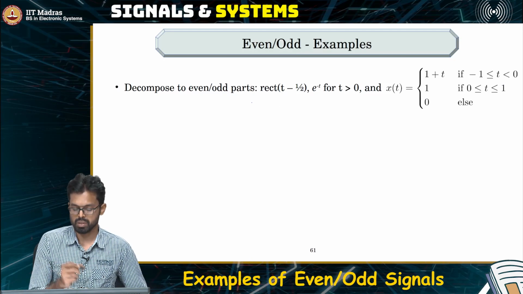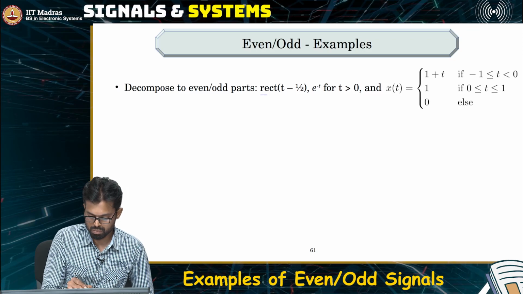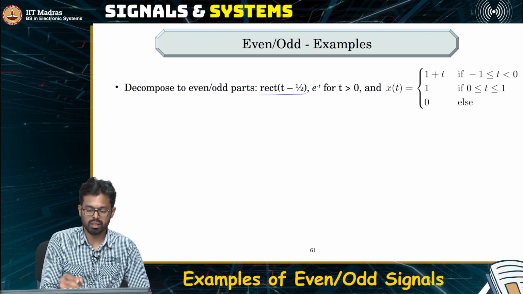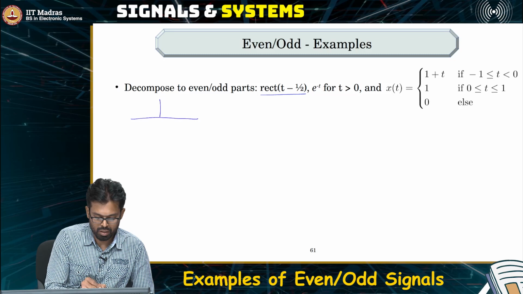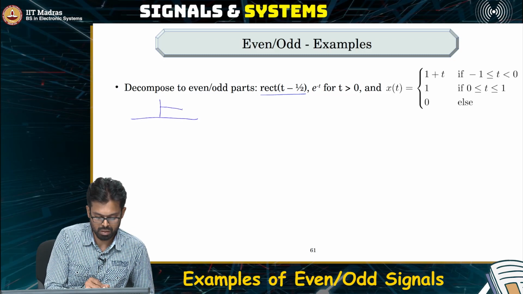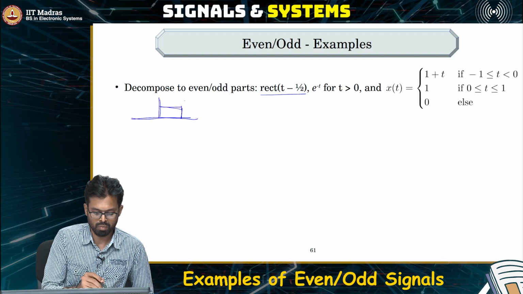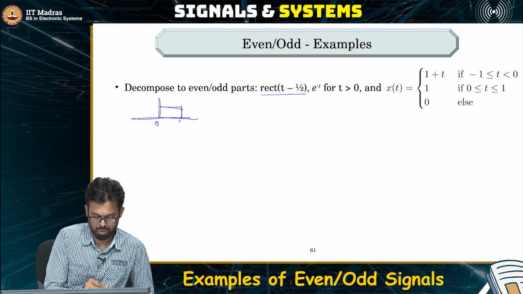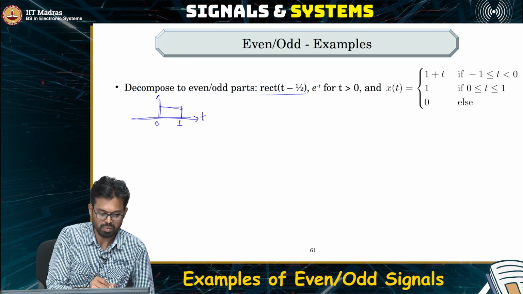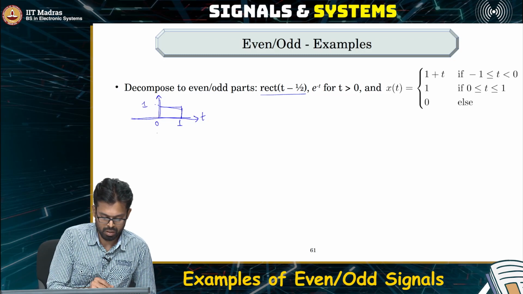Okay. Something which we learnt just now. So we just saw that this function is not even or odd. So let's decompose that to get the even and odd parts. This is 0, 1. How do we get the even component?